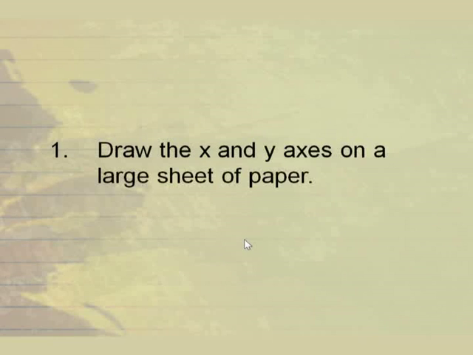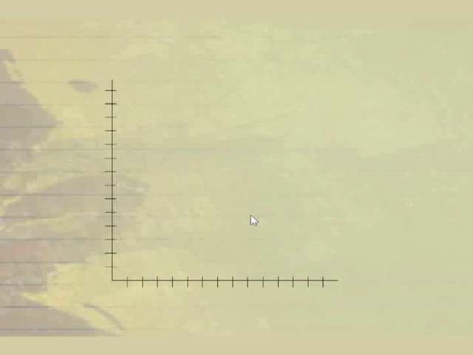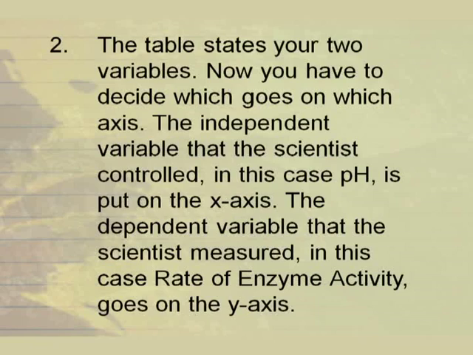Now, the first step to drawing your graph, obviously, is to have your x-axis and your y-axis on a large sheet of paper, and it would look like that on your screen, right? The second step is to take your 2 variables, and here we have the pH levels, and number 2, the enzyme activity.